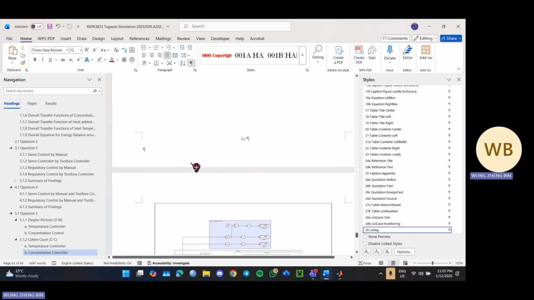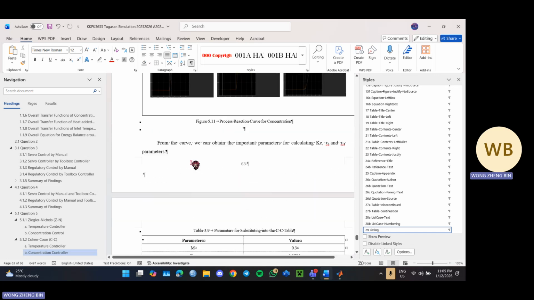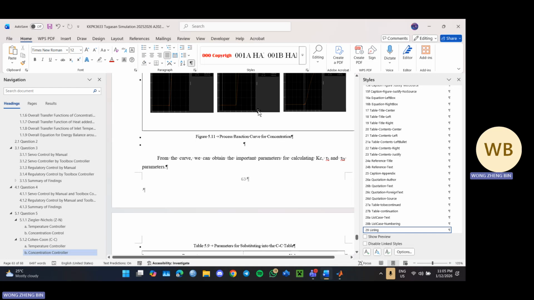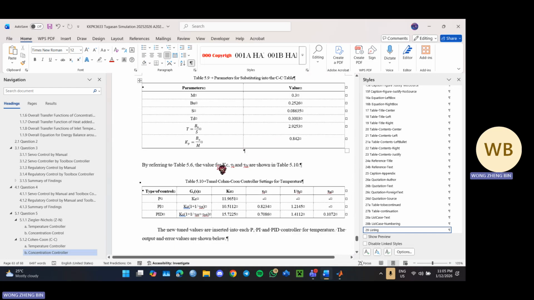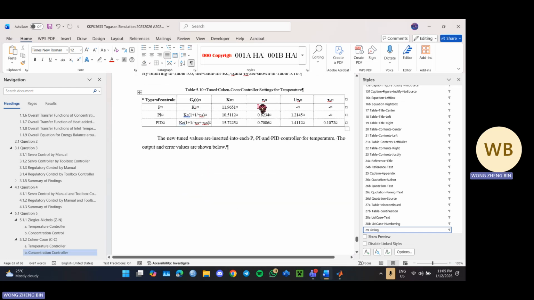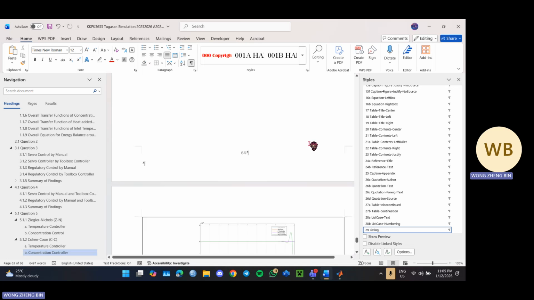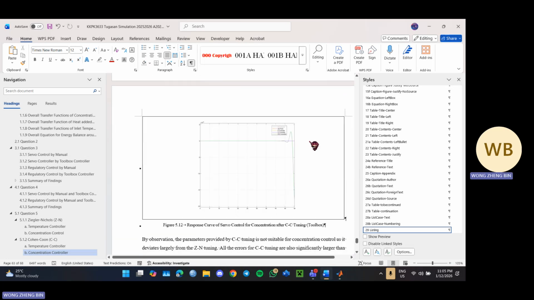And for the concentration controller, we repeat the same thing. We get all the parameters from the S curve, and then put them into the Cohen-Coon table. Then we can get the parameters of Kc, tau I, and tau D. And then we substitute back into the Simulink.